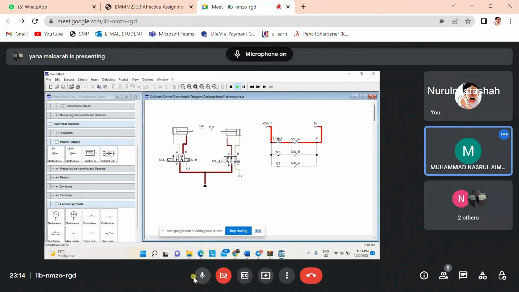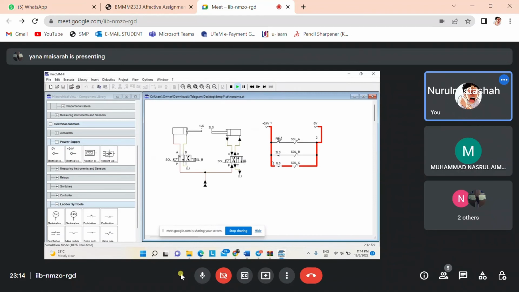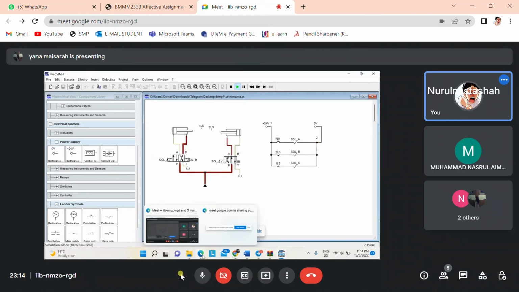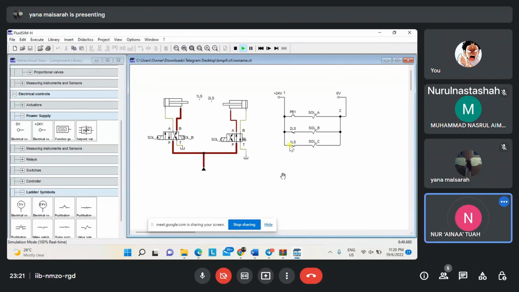Understood. Good explanation. Big thanks to you guys. We have achieved the objective of this assignment, which is to solve the problem. From the failed simulation of this circuit, we can conclude that if we make this kind of mistake in industry or on any machine, it will cause hazard or damage, and any accident could happen.